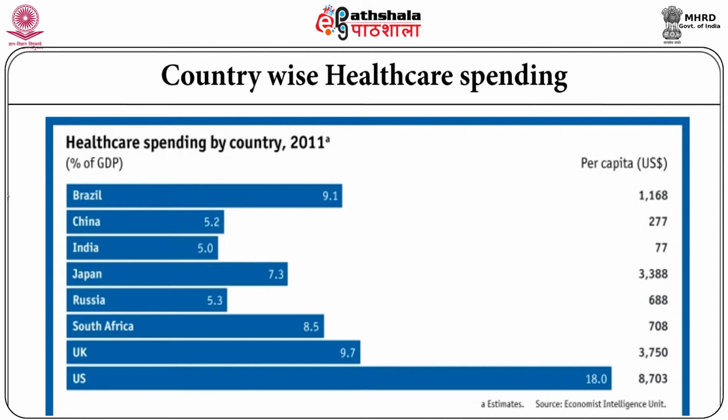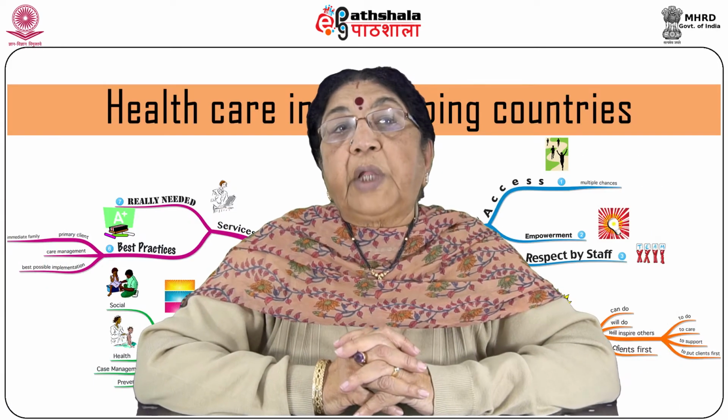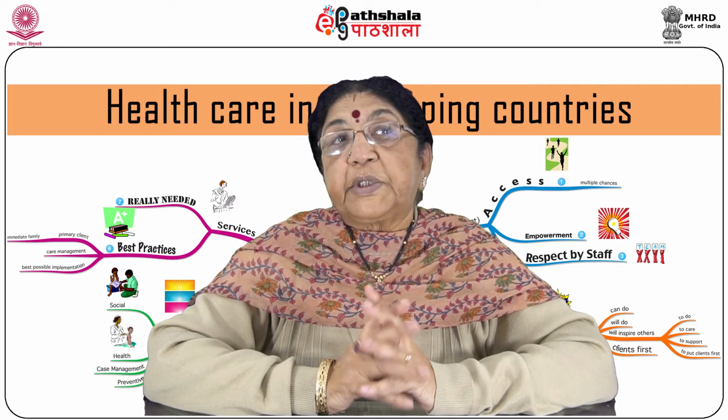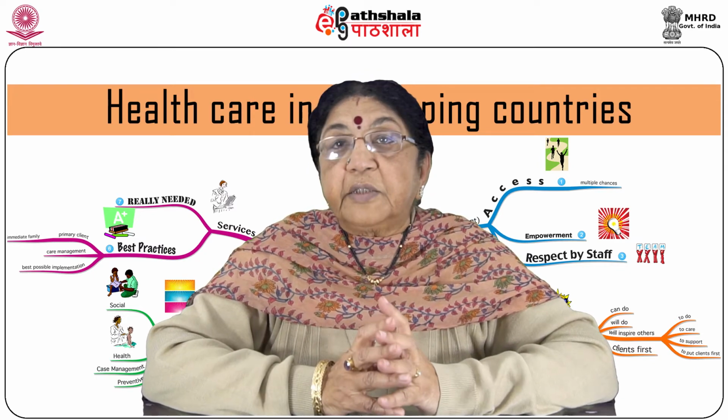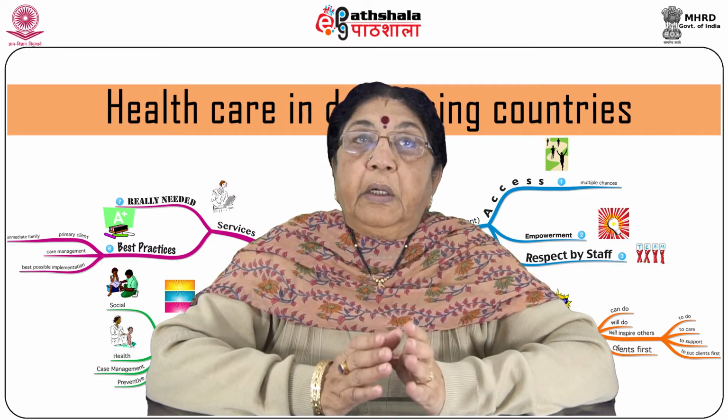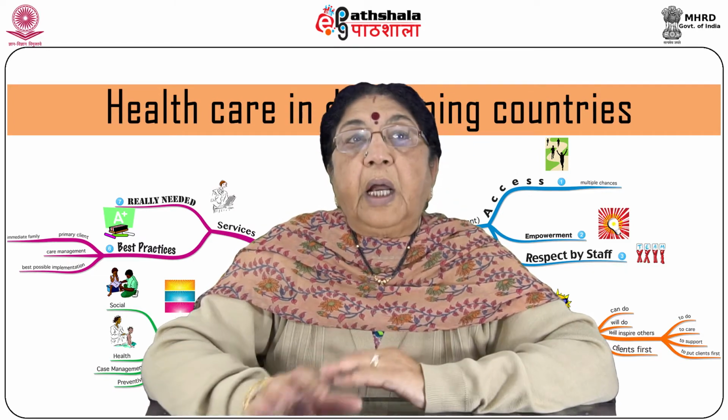For example, Brazil is spending 9.1% of its GDP on healthcare, whereas China and India come to about 5%. Japan is better off. And most important are the UK and the US, at the extent of 18%, which is the maximum input put into healthcare spending as compared to the other countries.